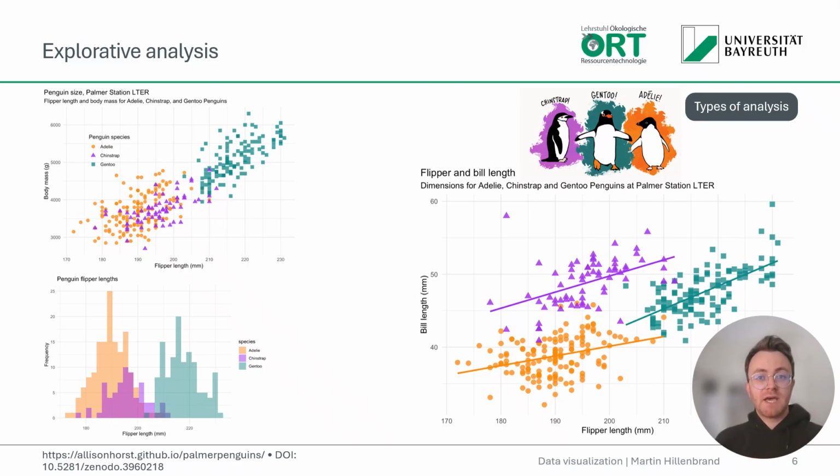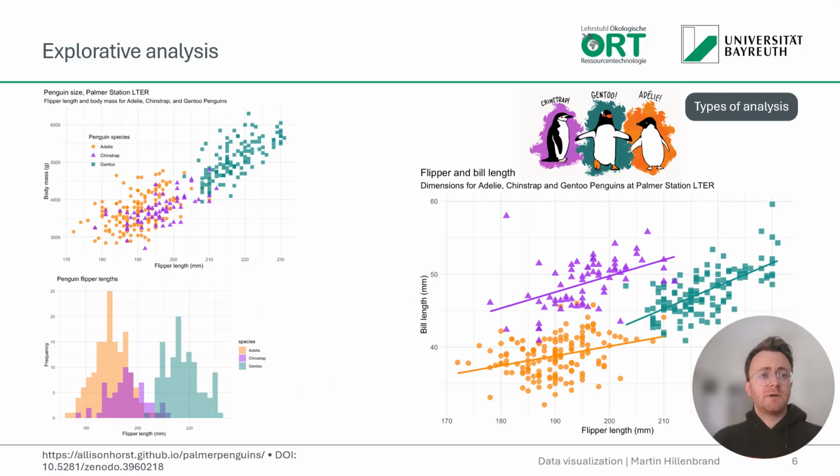Explorative analysis can also be that you have data and you visualize it to look into it. Okay, what information can I draw out of the data now? So for example, here we see the penguin sizes of 3 different penguin species, differentiated by color and by the symbols. So with the green one, the purple one, and the orange one.